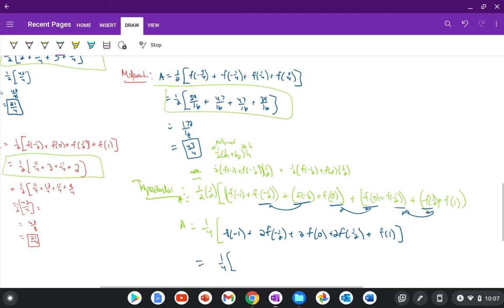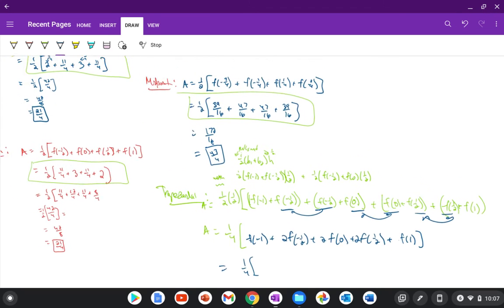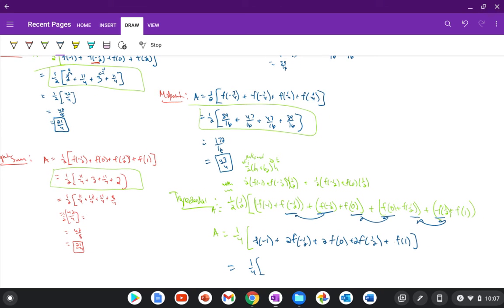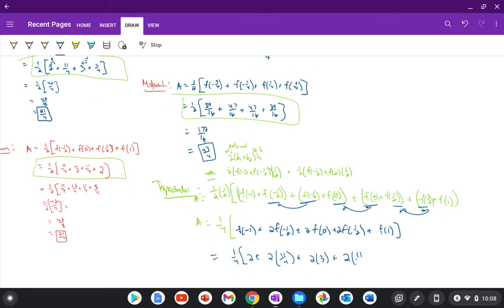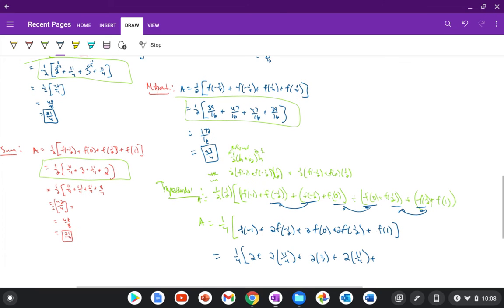We go through and do the math on this. We should have all these calculations already done. f of -1 is 2 plus 2 times f of -1/2, which is 11/4, plus 2 times f of 0, which is 3, plus 2 times f of 1/2, which is 11/4, plus f of 1, which is 2.